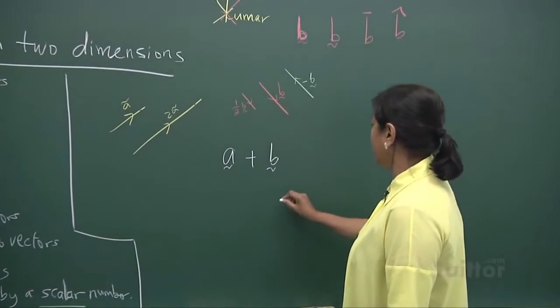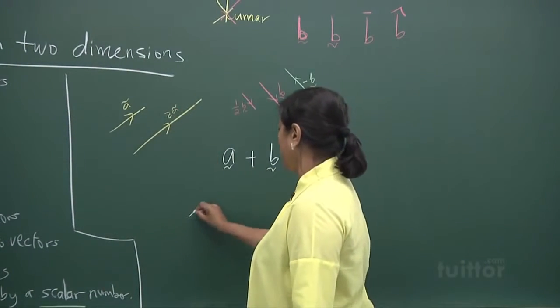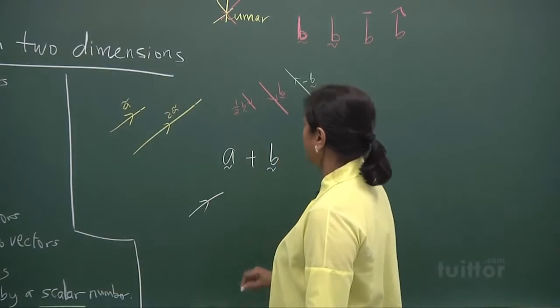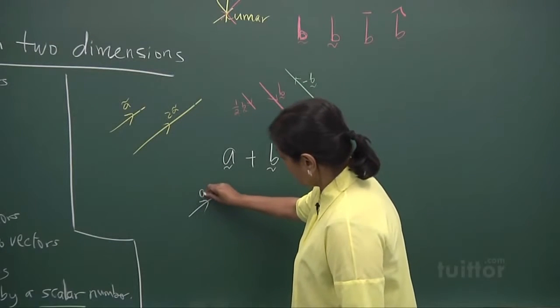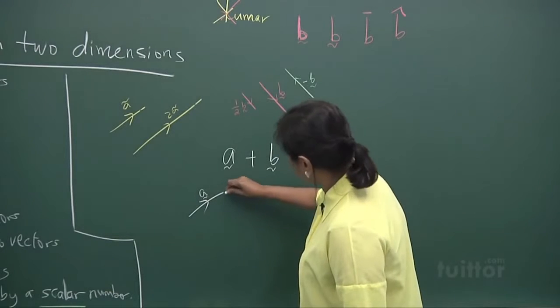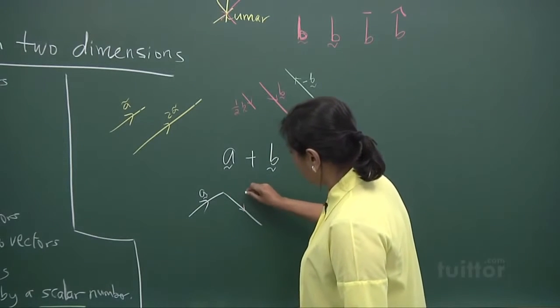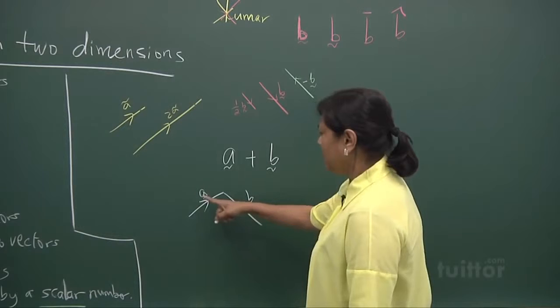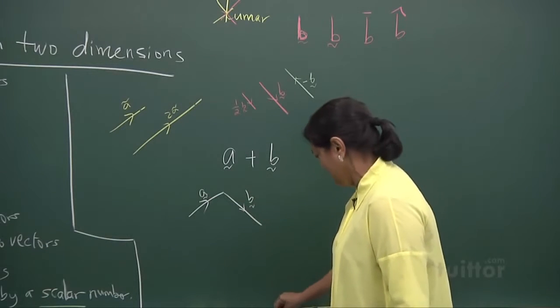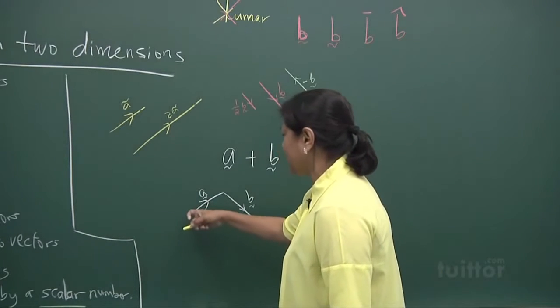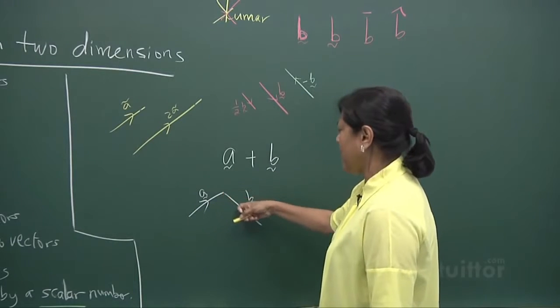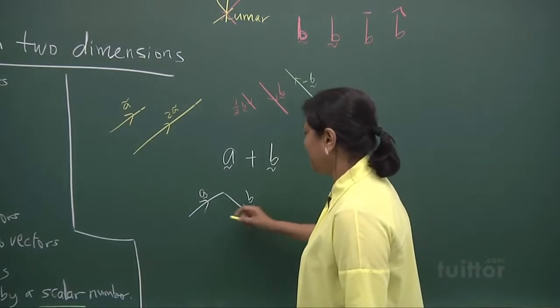You know that vector A is going that way, and vector B is going this way. So this vector plus this vector, you get the resultant vector. Starting point here, it goes there and it comes back here. That's the end.